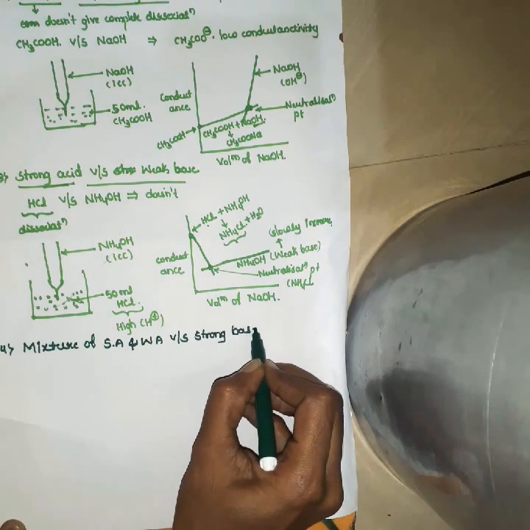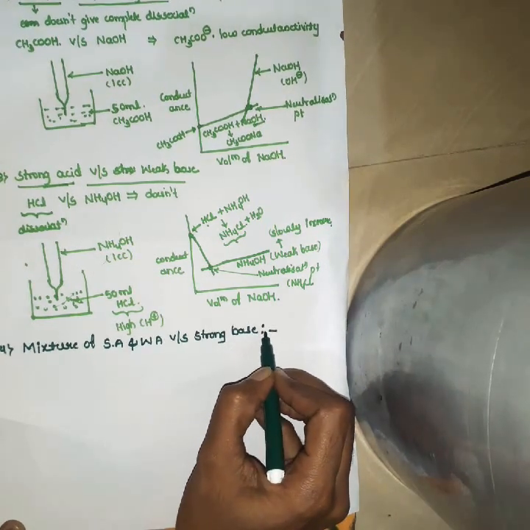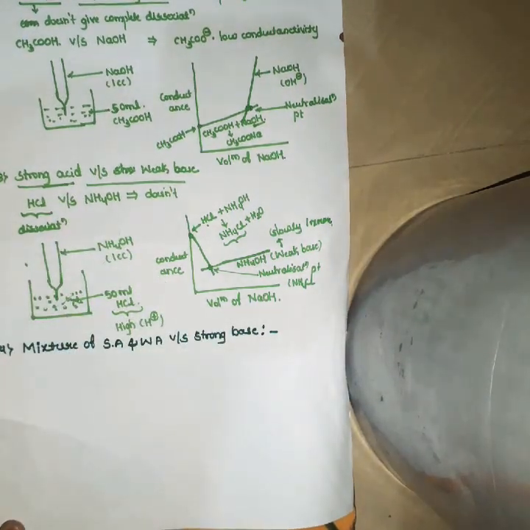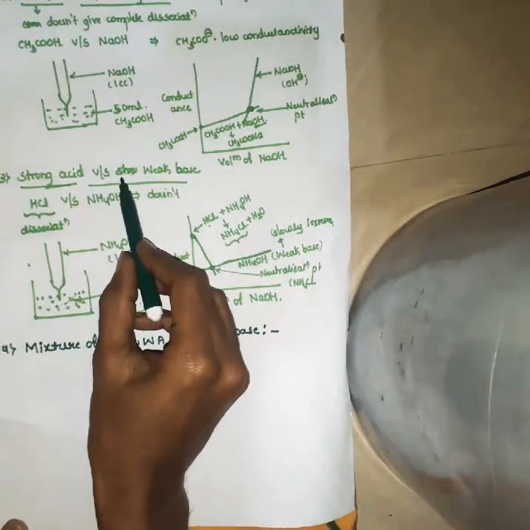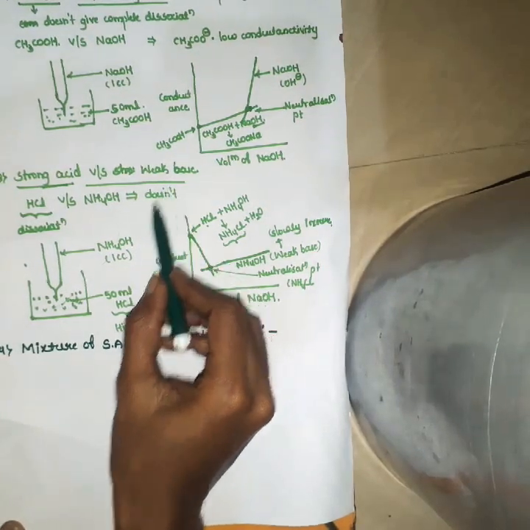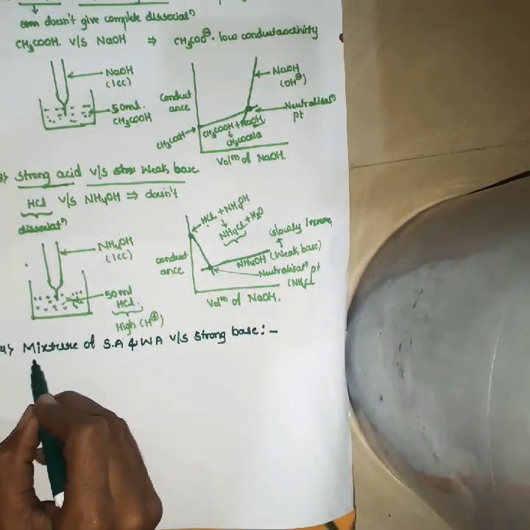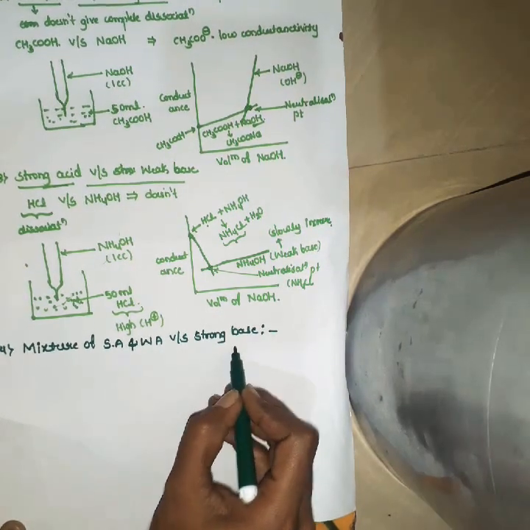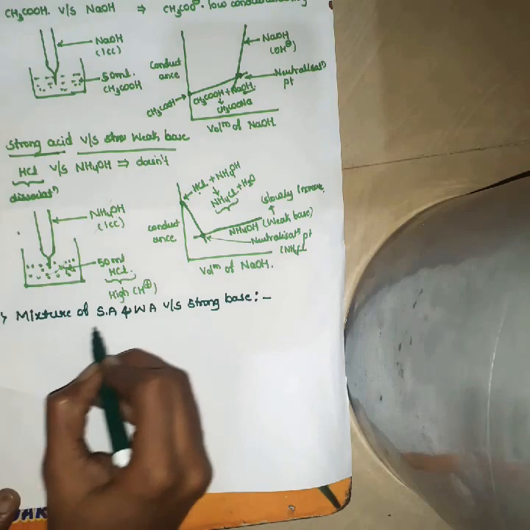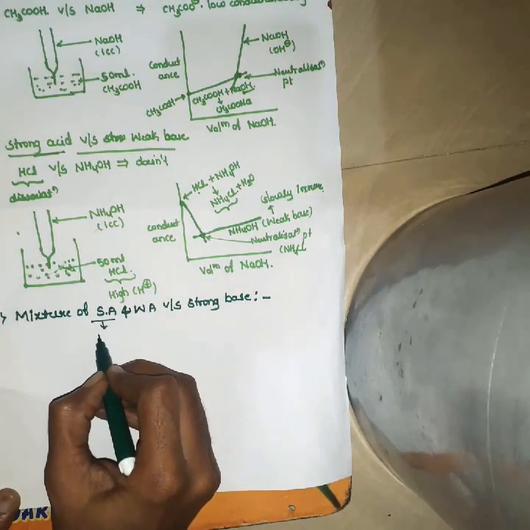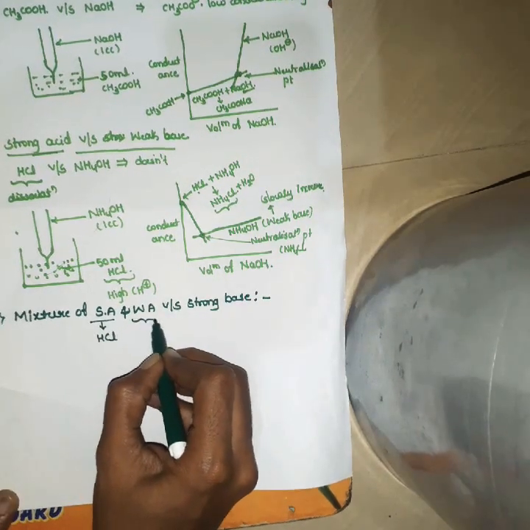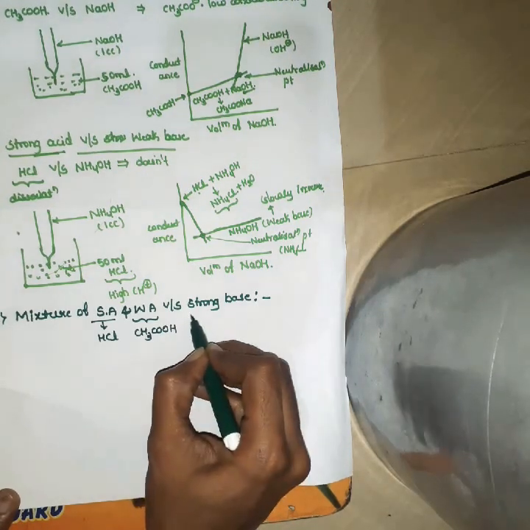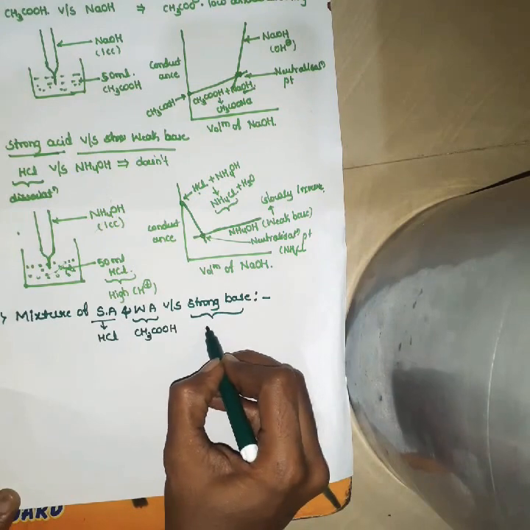Last class we took only one solution, strong acid versus weak base, but today we take a mixture of strong acid and weak acid versus strong base. For example, for strong acid take HCl, for weak acid take acetic acid, and for strong base take NaOH.